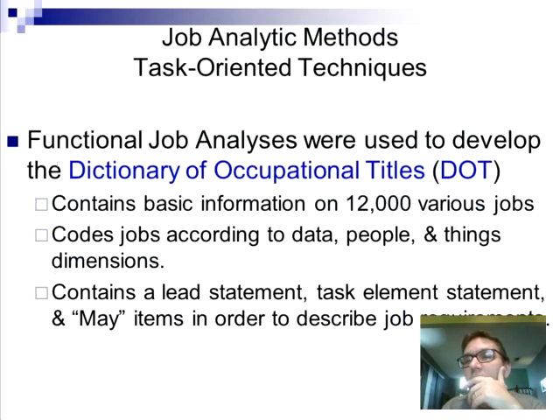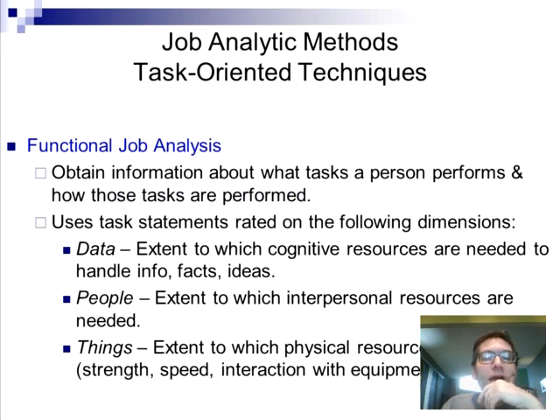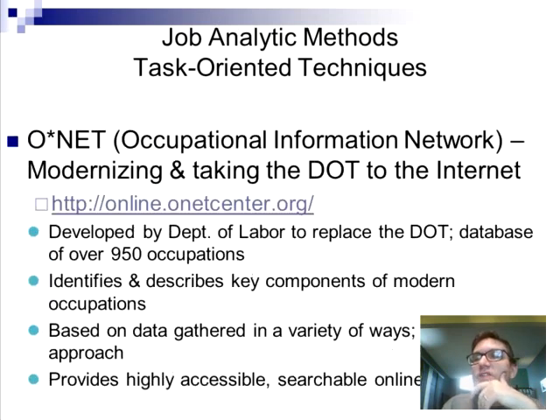Okay. More recently, after the DOT, there's an online version, the ONET, and it's beautiful. Though here we're talking about data, people, and things, the ONET, in my experience, is more based on KSAs, knowledge, skills, and aptitudes, but it also includes interests.